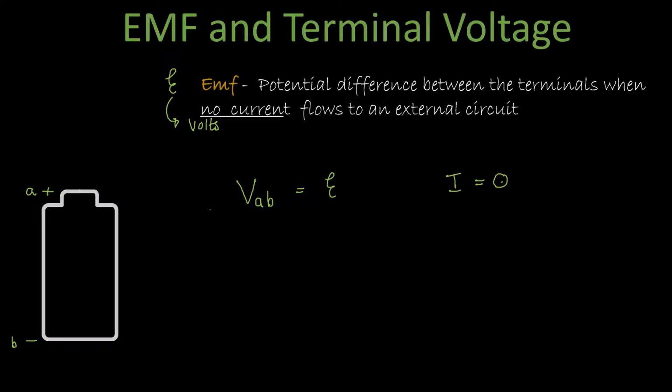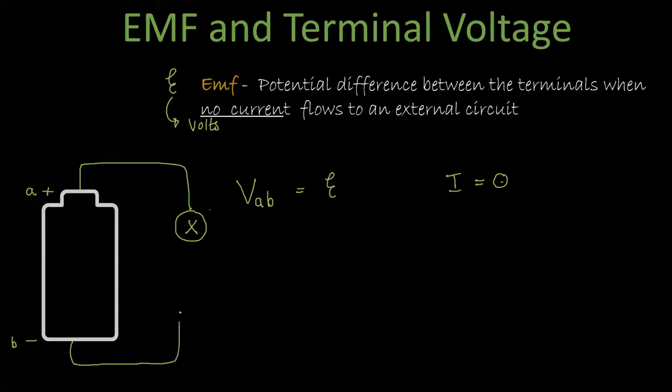However, if your battery is connected to something, let's say a light bulb, if this battery is connected to an external circuit, the voltage across the battery, which is VAB, or the terminal voltage, will not be equal to the EMF.